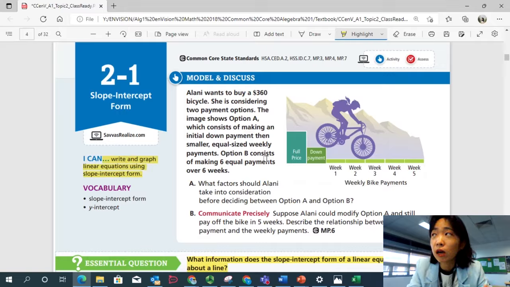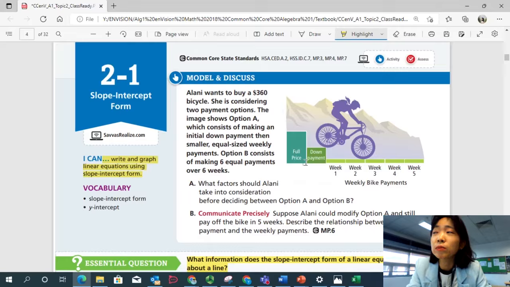Option A has an initial down payment. She's gonna pay a little bit and then pay the rest of it weekly. So eventually she'll pay the whole price, but she's gonna divide the payment so that it's less stressful for her to spend money. Option B consists of making 6 equal payments over 6 weeks.